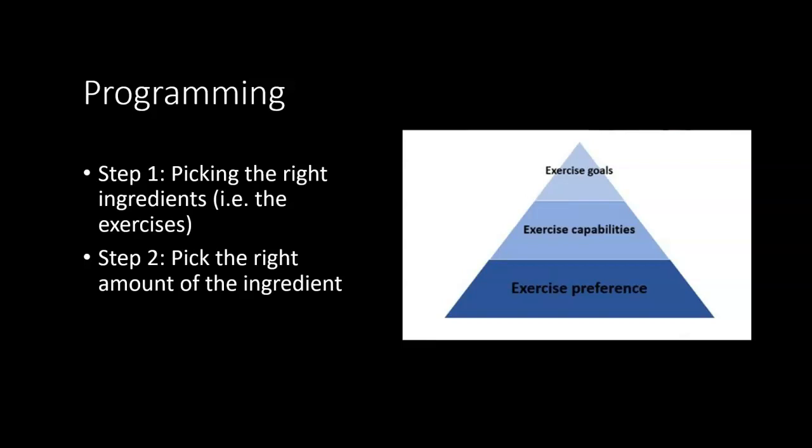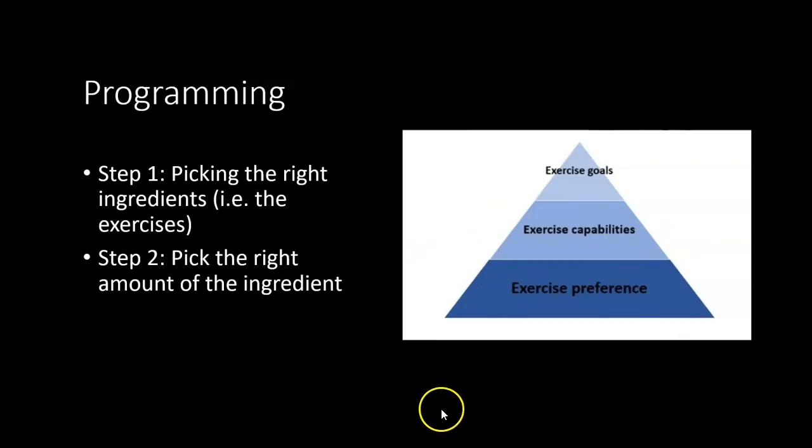So what do they like doing? What can they do? And then how do we match that to what their goals are? For the most part, if capabilities and goals were equivalent, probably 80% of your program is going to be the same, regardless of who you're actually working with.